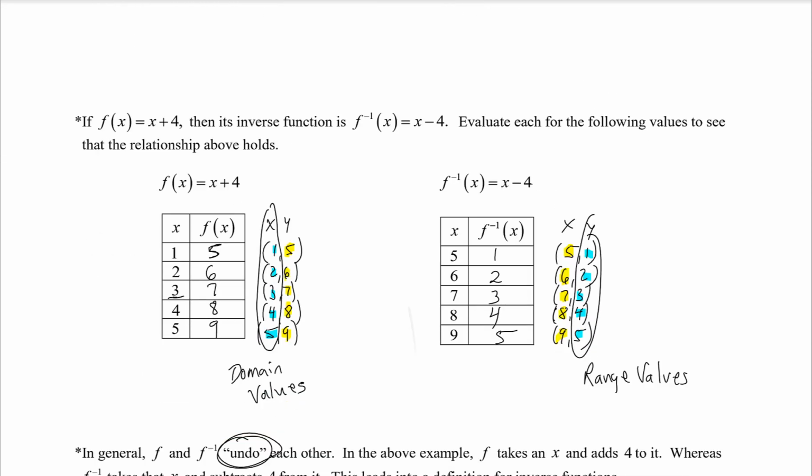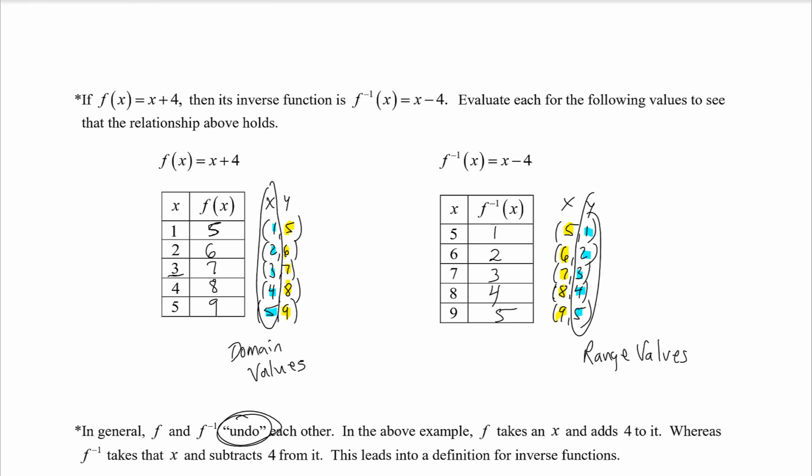So again, if you got to go back to the example to see a specific one, go for it. You start with an x. So you start with x equals 1. You plug it into the function. It gives you back an output, 5.